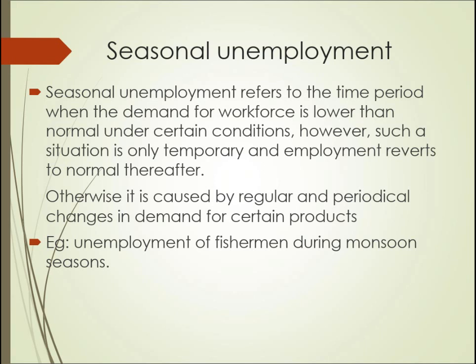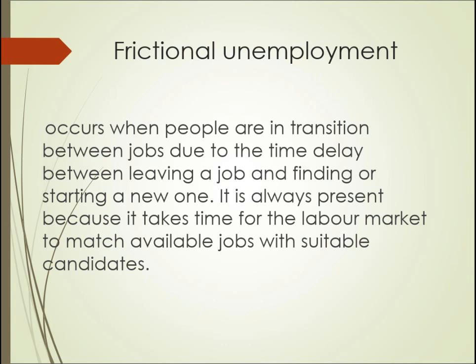Based on the season, if a group of employees become unemployed, that type of unemployment is known as seasonal unemployment. The next important type of unemployment is frictional unemployment. Frictional unemployment means unemployment which results in between two jobs. A person is working in a job, decides to leave that job and move to the next job.